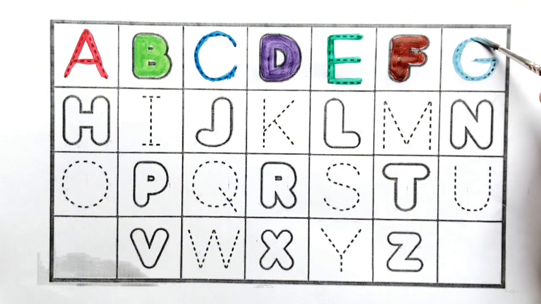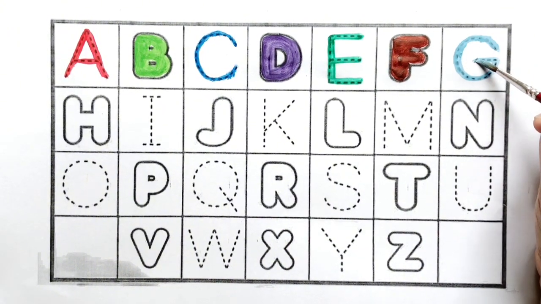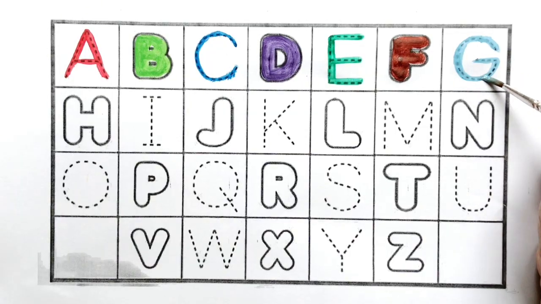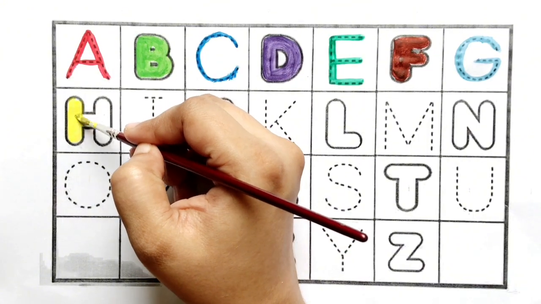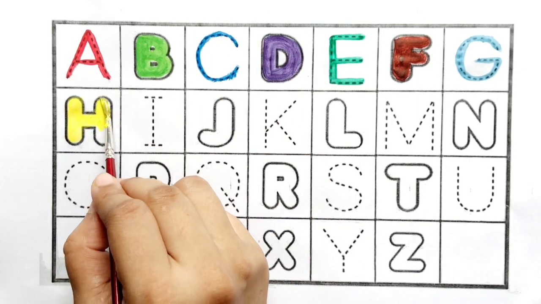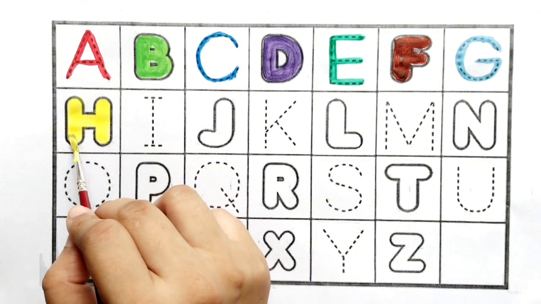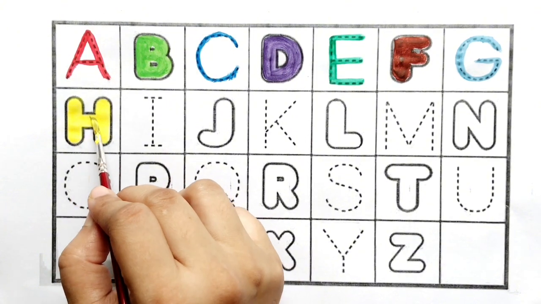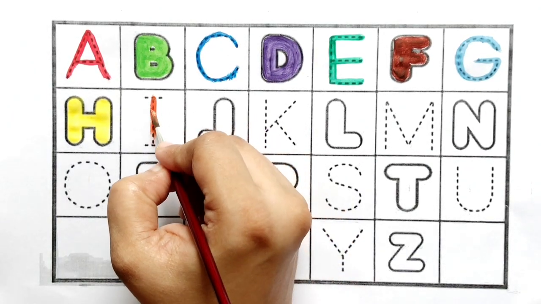G. G for grapes. Yellow color. H for horse. Orange color. I for eagle.